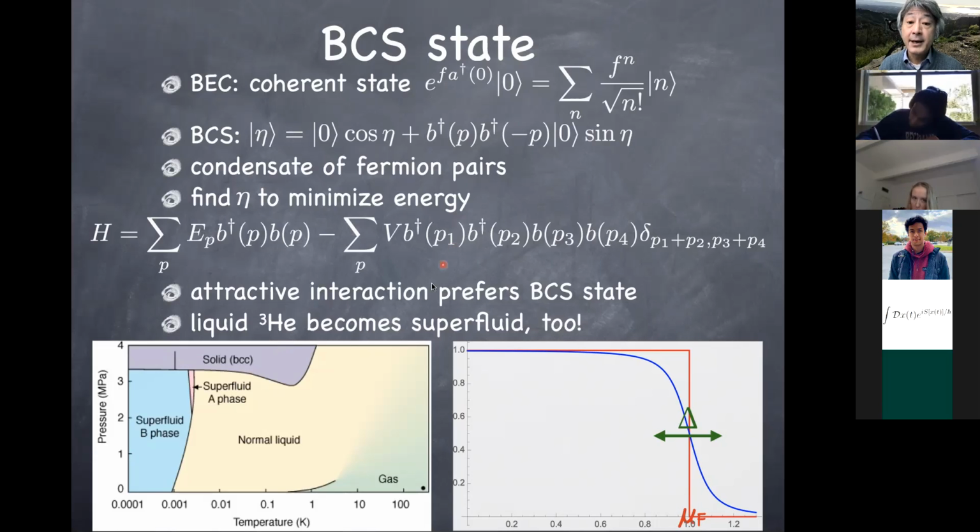So the helium-3 superfluid is far more complicated because we have to deal with finite orbital angular momentum and finite spin. But the idea is that the pair of fermions would condense.